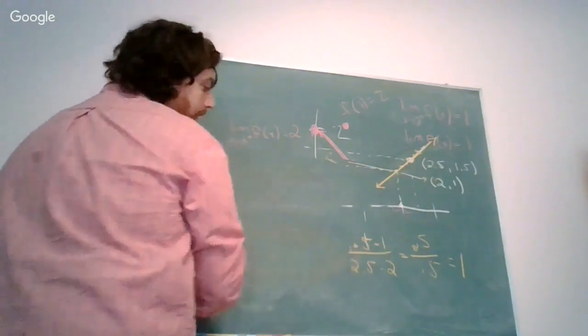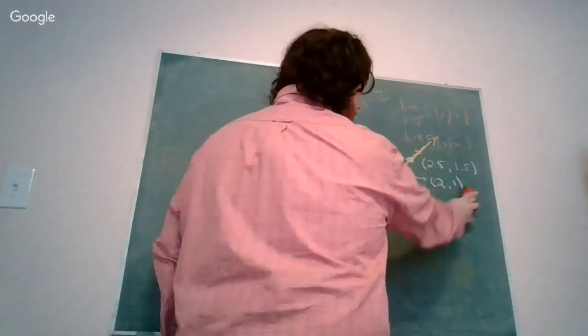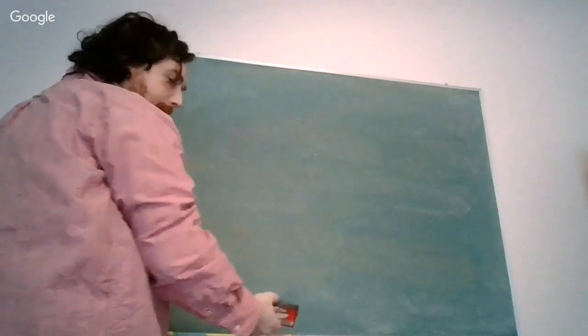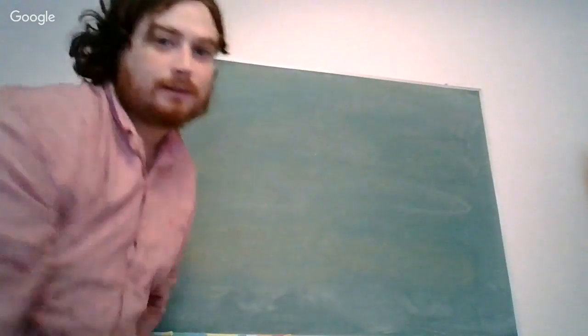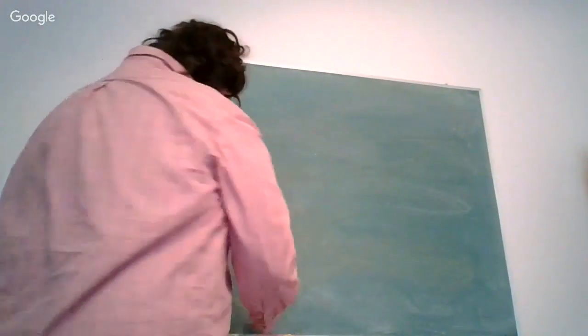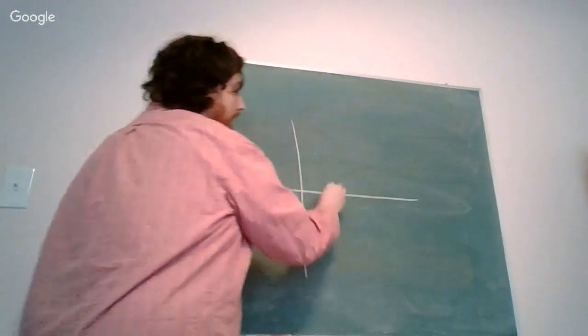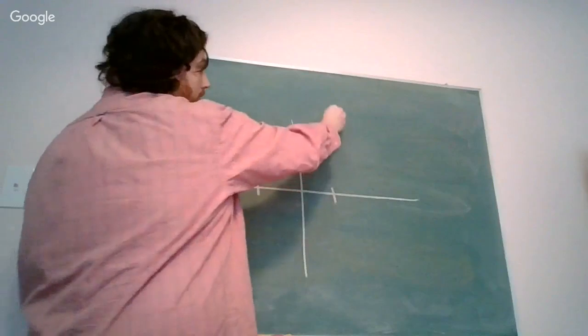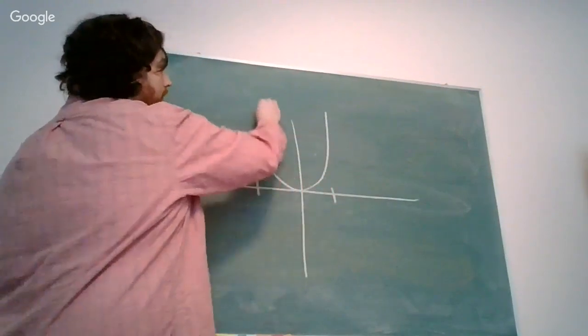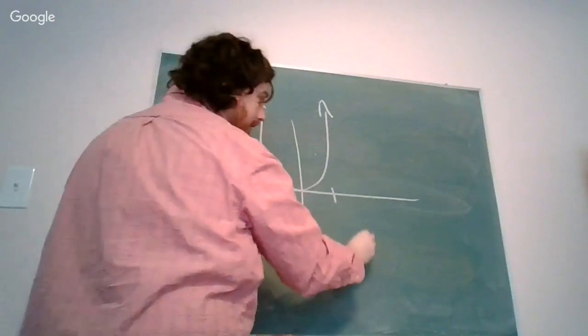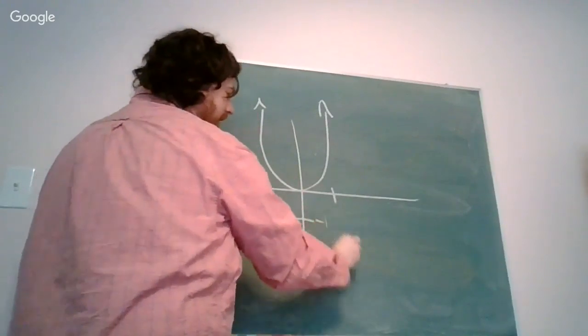number 2 on the practice exam looks pretty similar. Again, it's just a function and they want us to find some limits. The distinction here is that they could be infinite limits. So if we see something like this, I'm going to have, let's say, something like that, and then something like this.